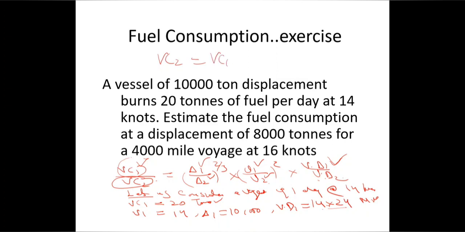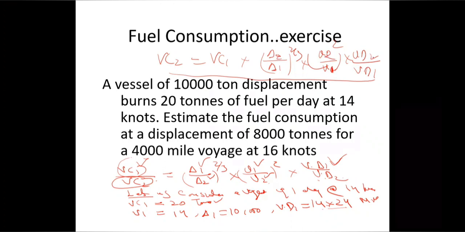VC1 you know is 20 tons, multiplied by delta 2 by delta 1 raised to the power 2 by 3, which we calculate and put in. After that, V2 by V1 squared, into voyage distance 2 over voyage distance 1.